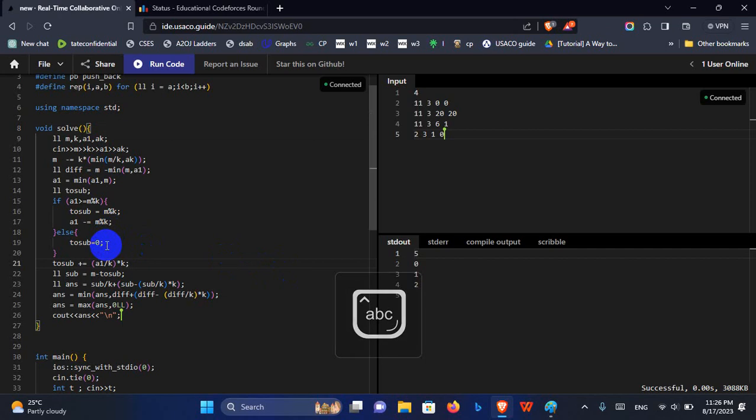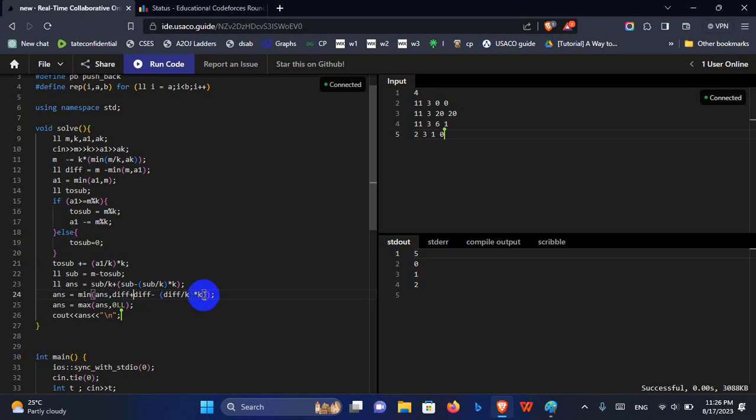So why is this so? A1 and to sub, n minus to sub, answer n sub divided by k plus k, our answer is the minimum of it, first answer, difference plus different plus, if minus.